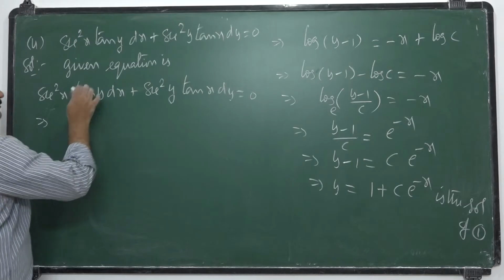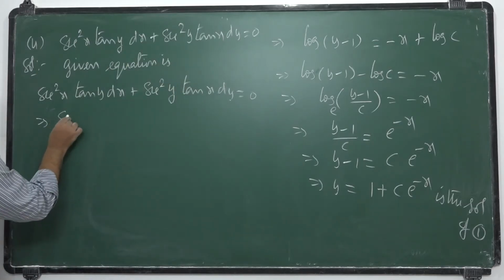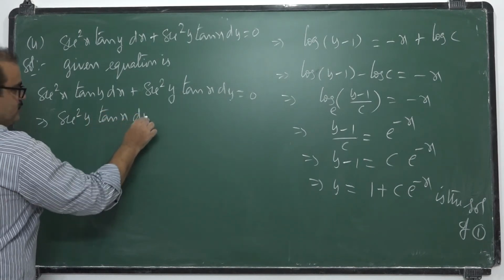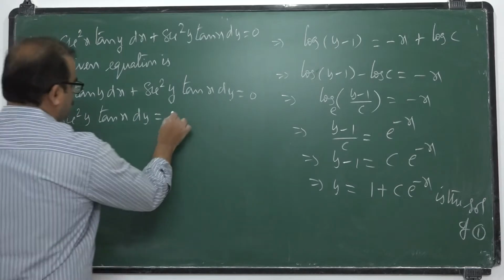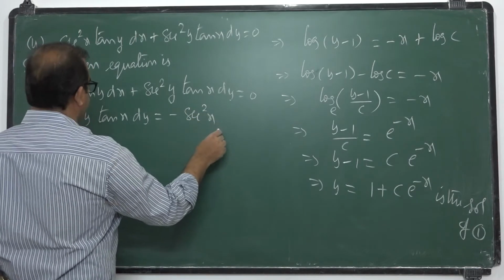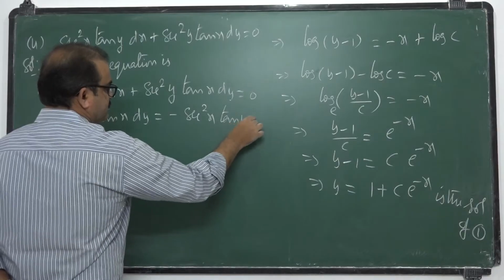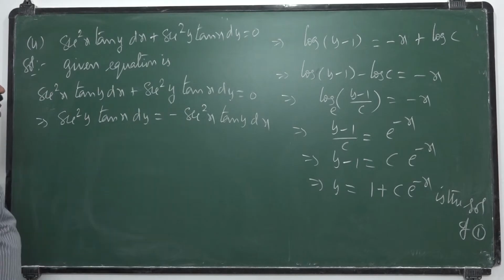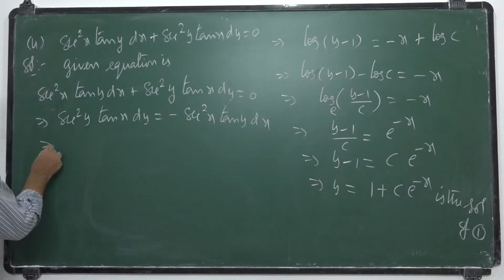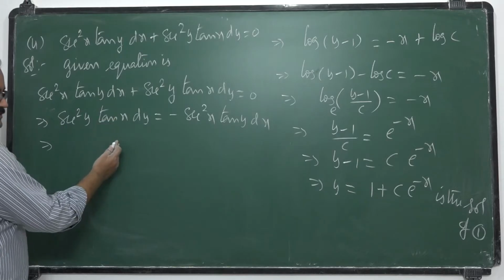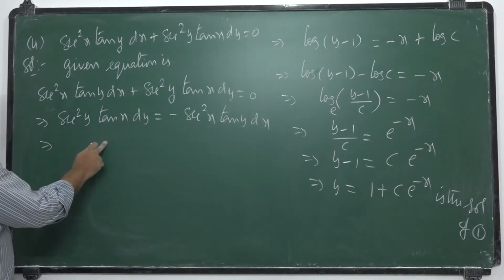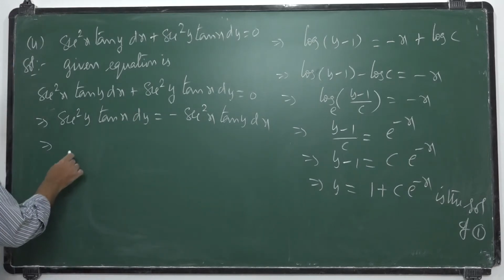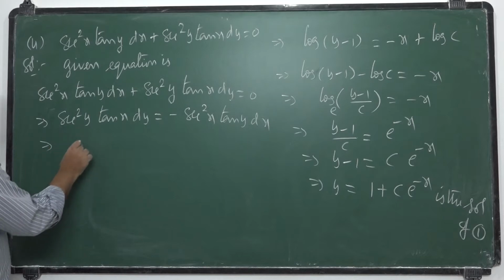Take this first term to right hand side. Secant square y tan x into dy is equal to minus secant square x tan y into dx. Now we separate x variable and y variable. Write y variable in LHS and x variable in RHS. That means write y terms in LHS.